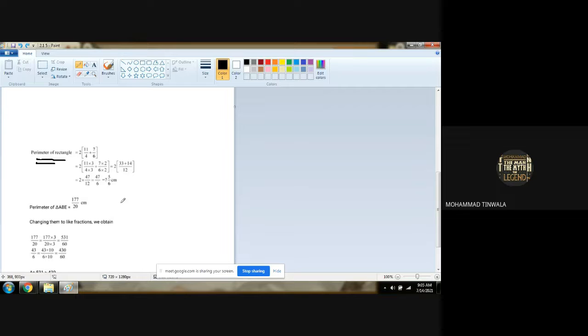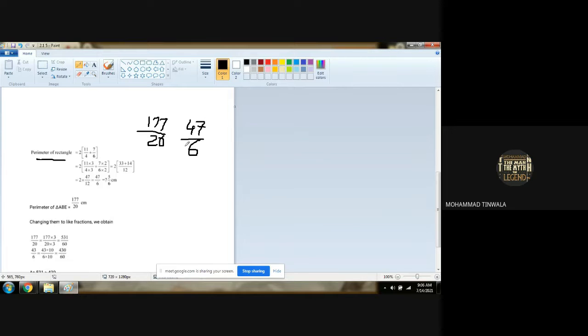Now what is the exact perimeter you got for both, as improper fractions? What total fractions did you get? The first one you got is 177 upon 20, and for the perimeter of the rectangle you got 47 upon 6.